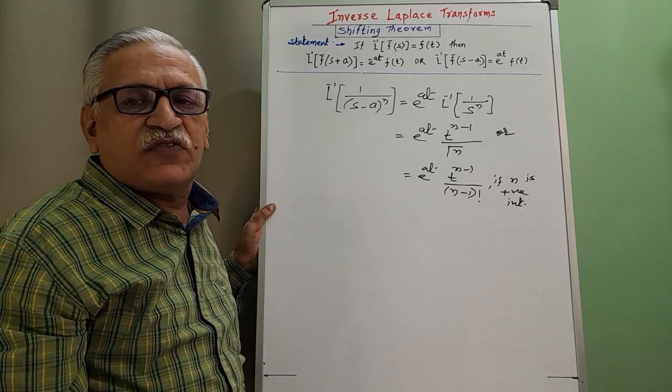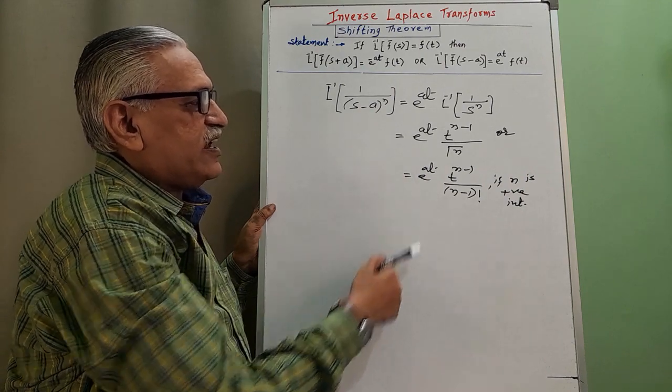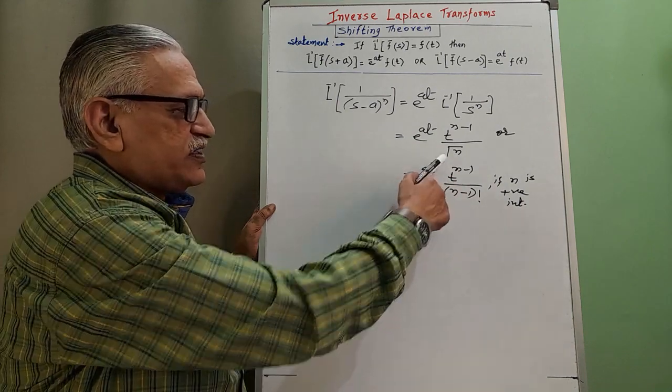Therefore, remember these two different formulas. Whenever it is positive integer, we have to apply this one, and if it is not positive integer, we have to use the first one.